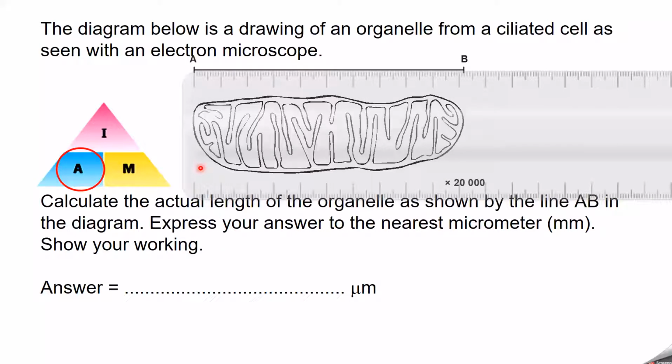We measure the cell and we get 10.2 centimeters, and we turn that into millimeters, which is 102 millimeters, and then we want to change that into micrometers, which is 102,000. Divide that by the magnification, which is 20,000, and you should get 5.1 micrometers. So it's not that bad, it's pretty straightforward.